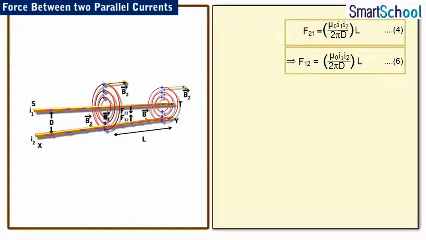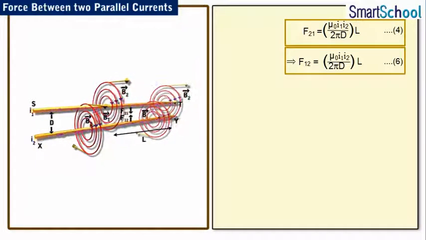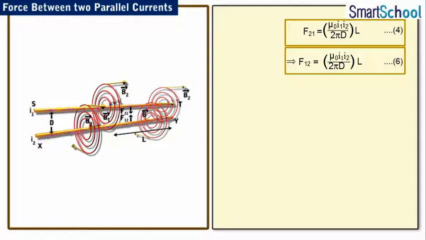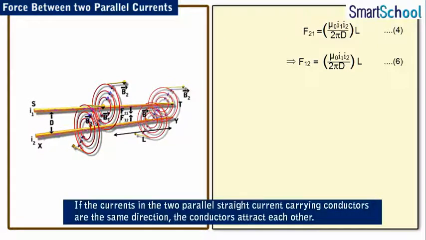When you compare equations 4 and 6, you realize the two forces F21 and F12 are equal in magnitude but act in opposite directions towards each other. Hence, if the currents of the two parallel straight current-carrying conductors are in the same direction, the two conductors attract each other.